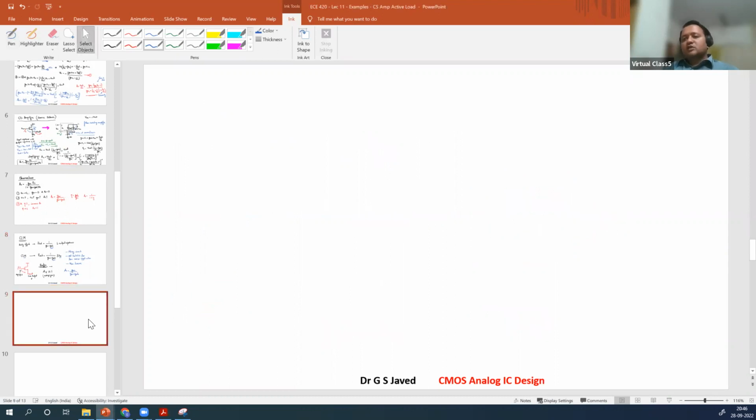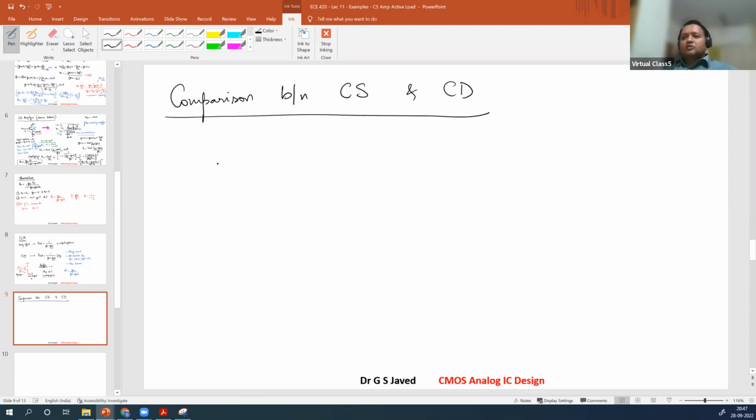Now, since your mind is fresh, let us do a quick comparison between common source and common drain amplifiers. So how does that look? Your common source looks like this: RD, V out, V in.